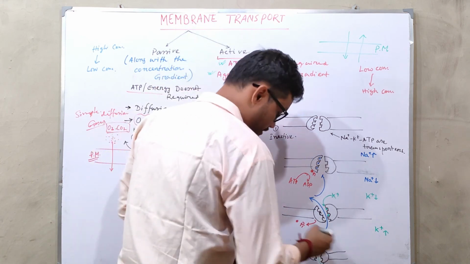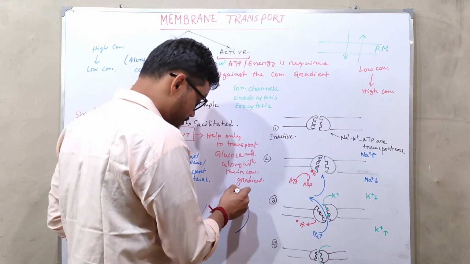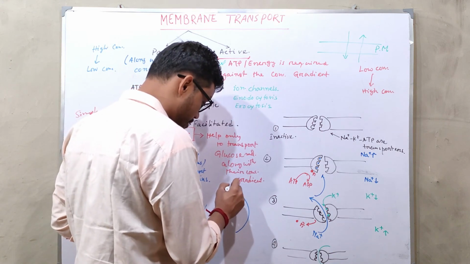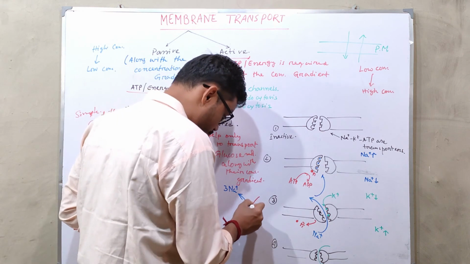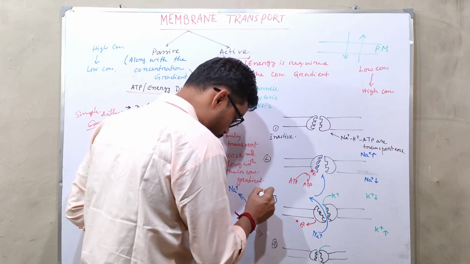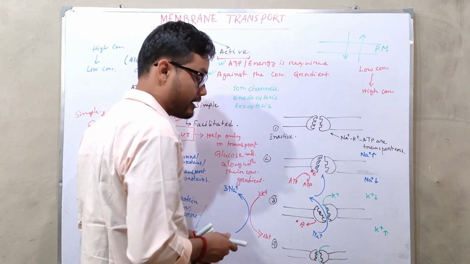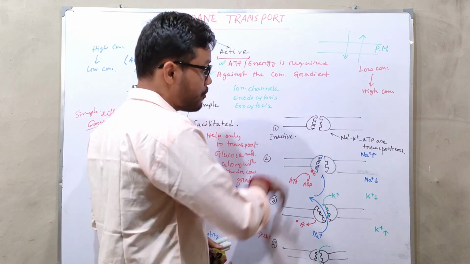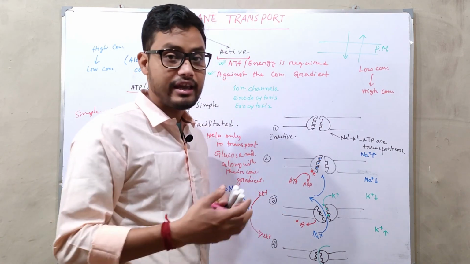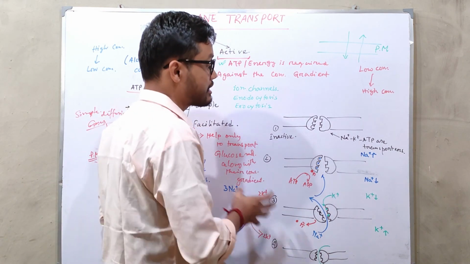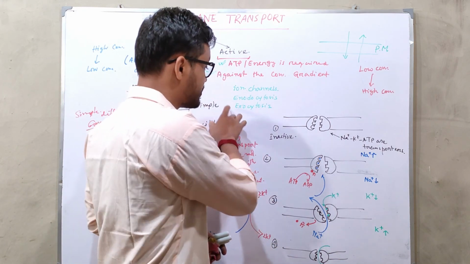In this manner 3 sodiums go out from inside to outside, and at the same time 2 potassiums come in from outside to inside, against their concentration gradient. ATP, that means energy, is needed. This phenomenon is known as active transport, along with endocytosis and exocytosis.